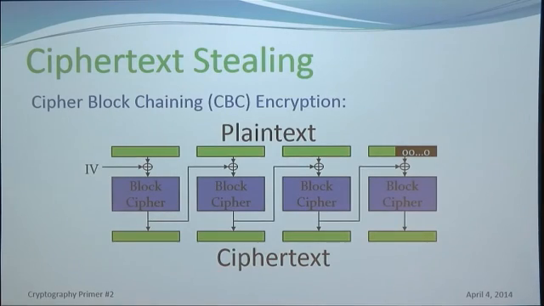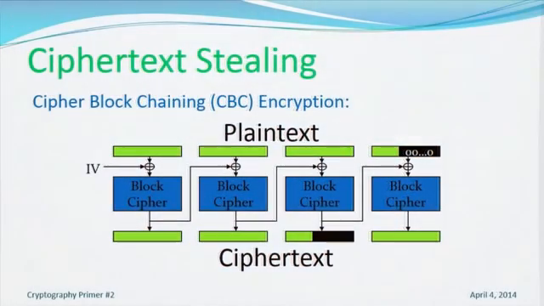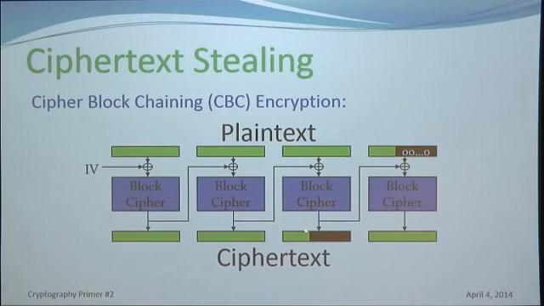Then it turns out that you can take the same number of bytes here that were padded and just discard them from the second to last block, the penultimate block of ciphertext, and you can still recover. So just throw it away. Now you've got ciphertext here that's exactly the same size as the plaintext. Throw it away, and let's see why this works.